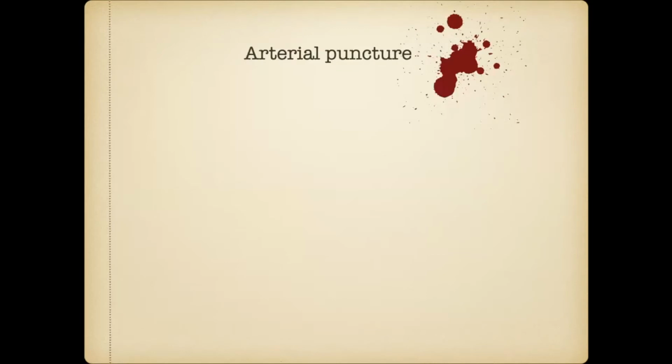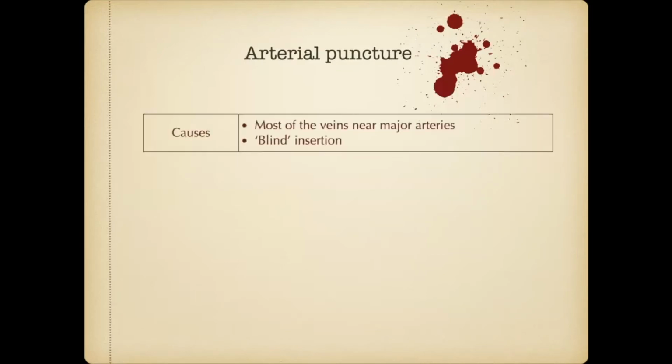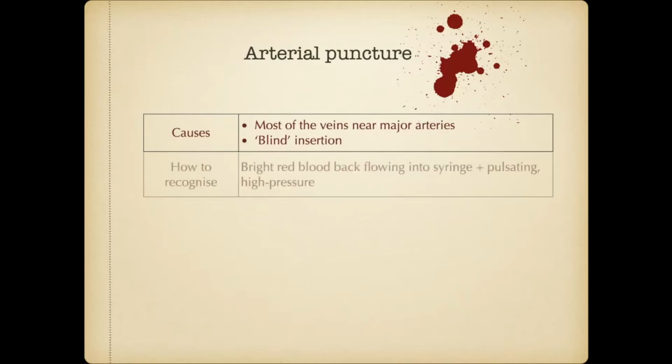The second complication is arterial puncture. It is caused again by blind insertion, and as we all know, anatomically, most arteries are side by side with the vein. How to recognize it? It's usually pulsatile and bright red in color, but the color might not be that reliable, especially in critically ill patients when the oxygenation is bad.